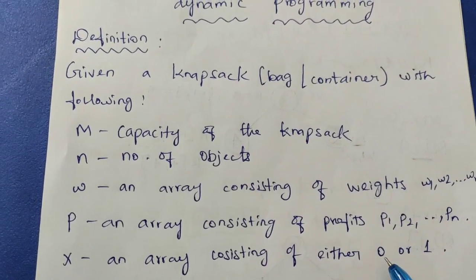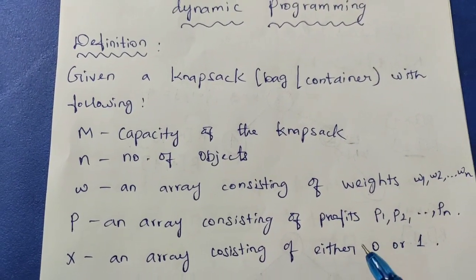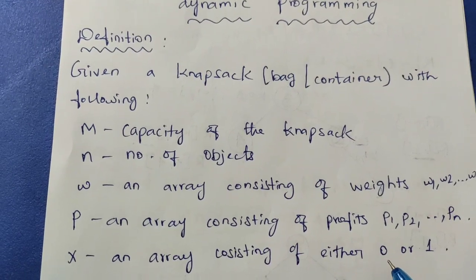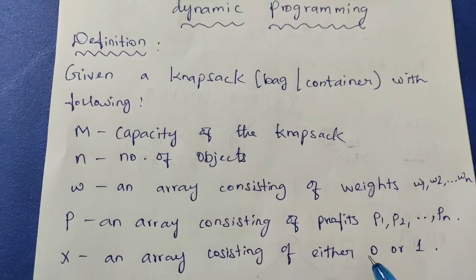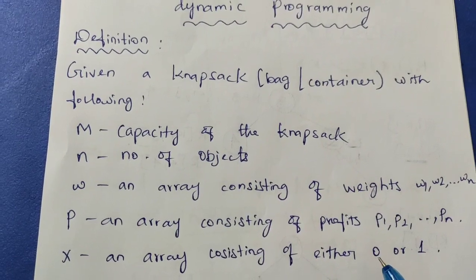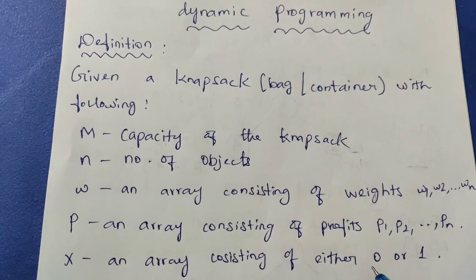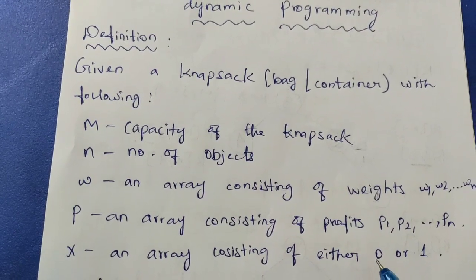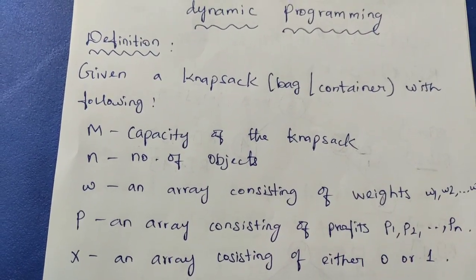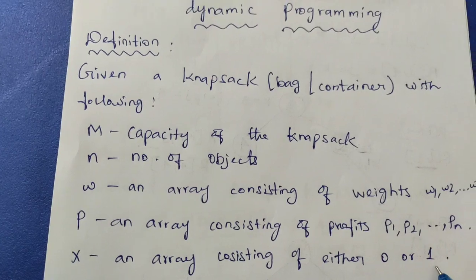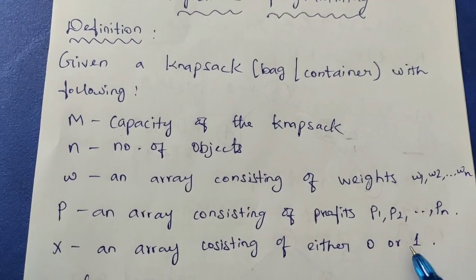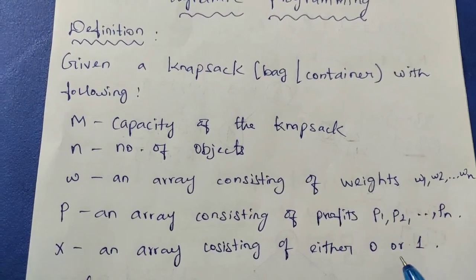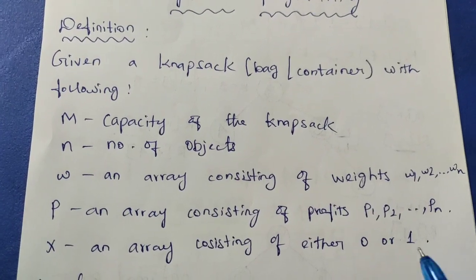Here the value 0 indicates the object has not been selected and it is not included in the knapsack. That is, it is not included in the bag. 1 indicates the object has been selected and it has been included in the knapsack completely.